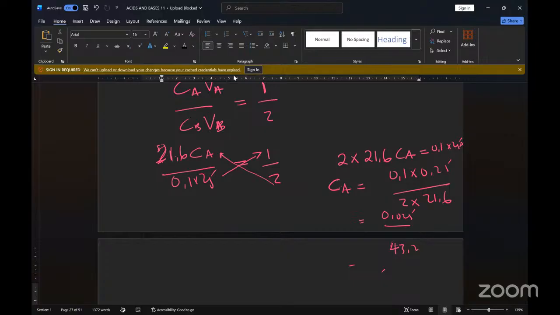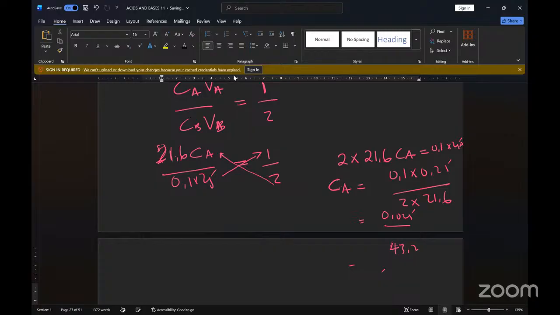So we are going to divide that: 0,025 divided by 43,2.